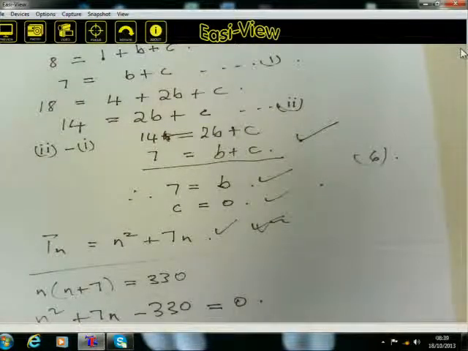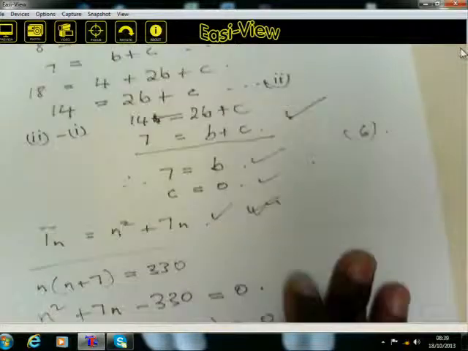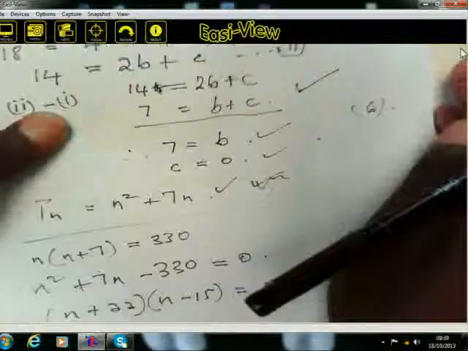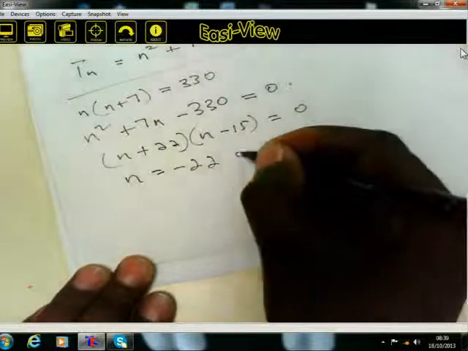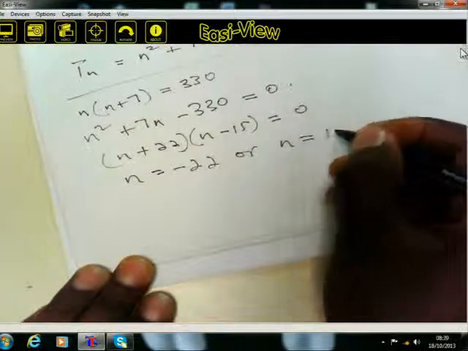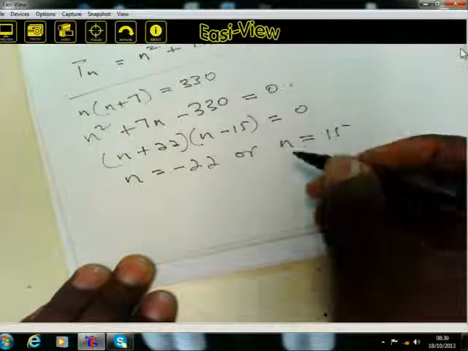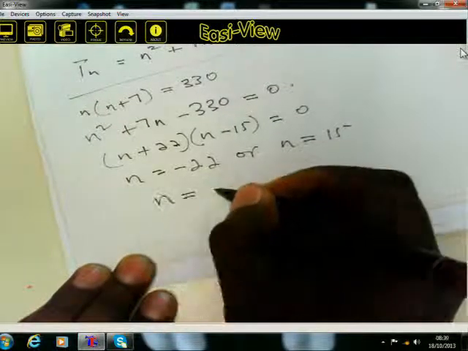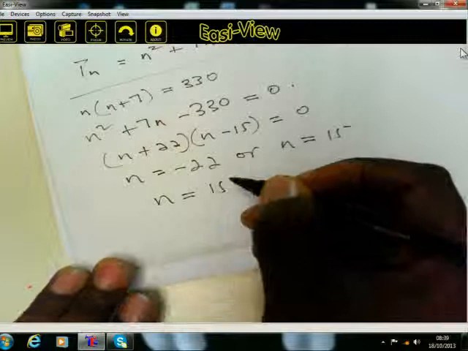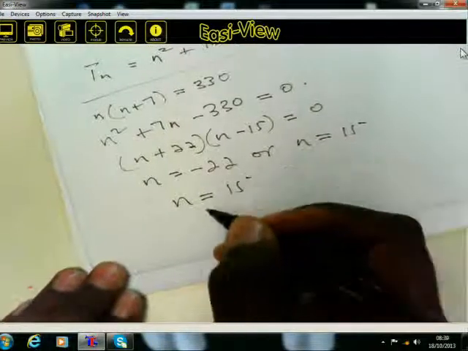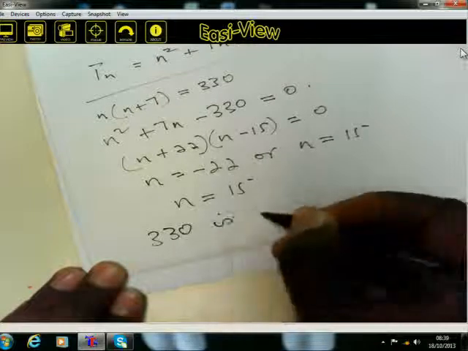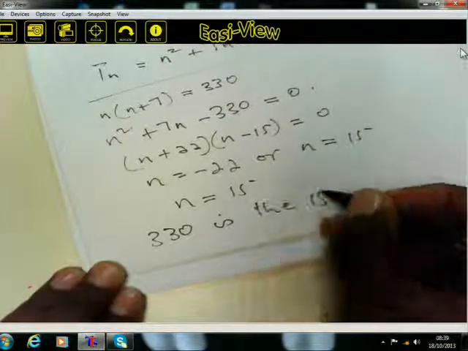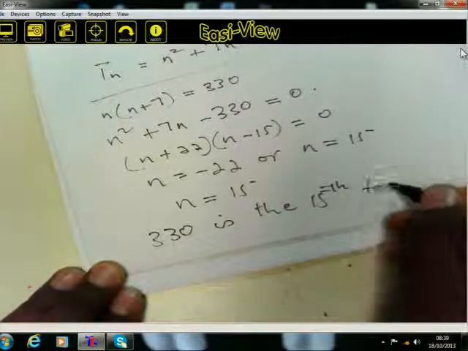Therefore, n is equal to negative 22, or n is equal to 15. Therefore, n is equal to 15. Therefore, 330 is the 15th term.